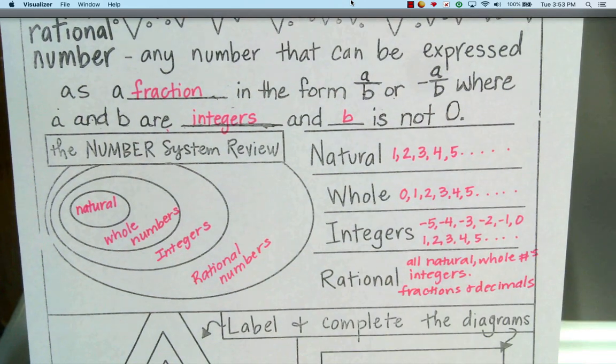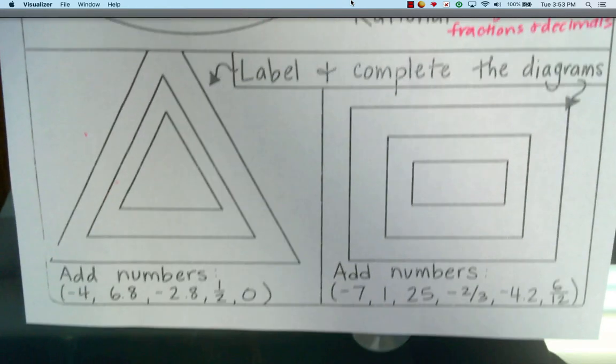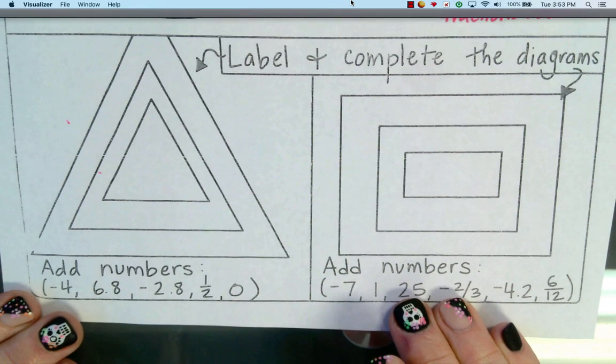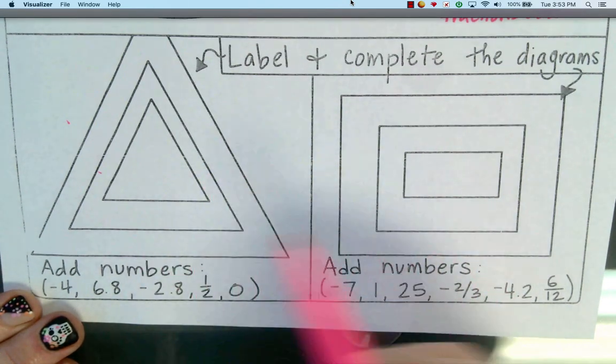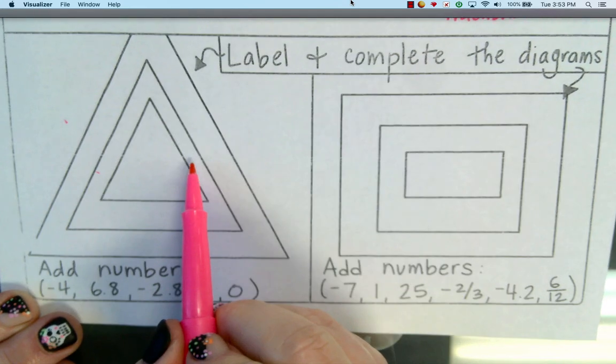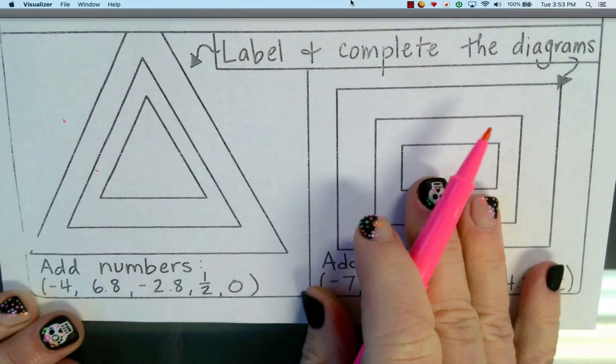So we're going to come down here and we're going to label each diagram and we're going to add numbers. The center here would be natural, like our diagram top, then whole numbers, then integers, and then outside is rational, which encases everything.